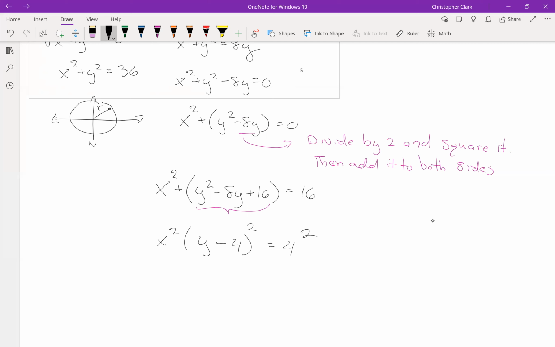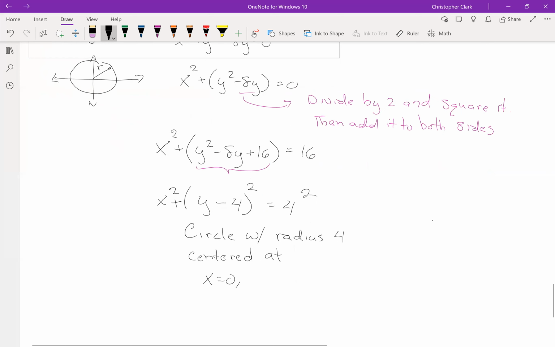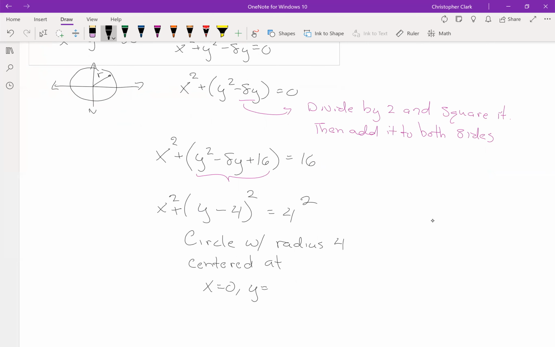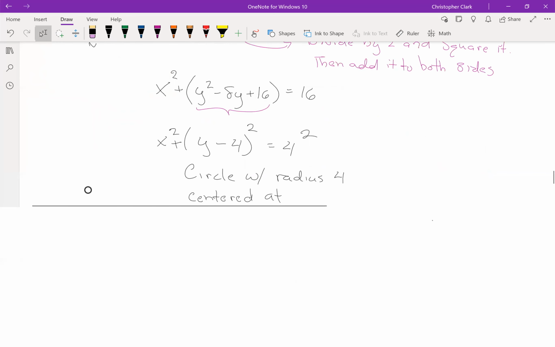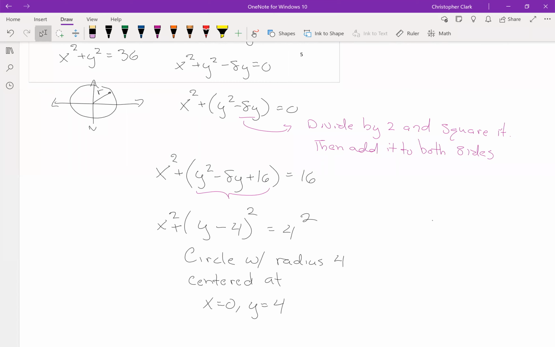This is telling us, oh, excuse me, there's a plus here, that this is a circle with radius r equals 4, so radius 4, centered at x equals 0, y equals 4.